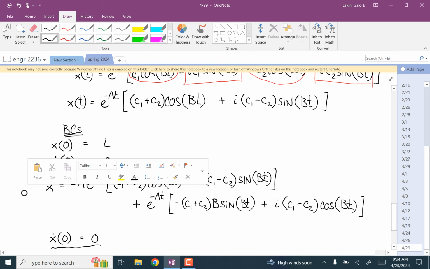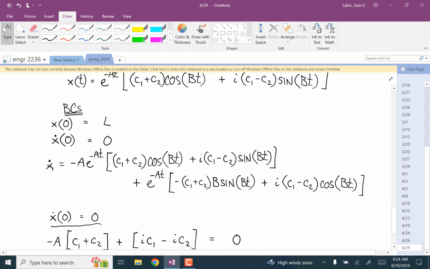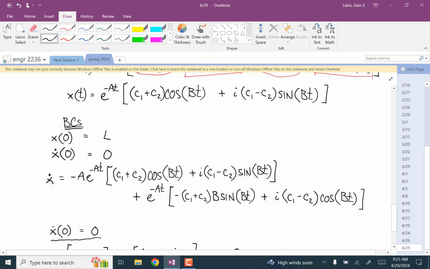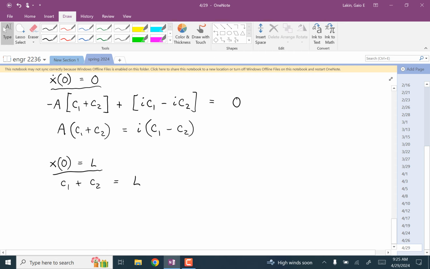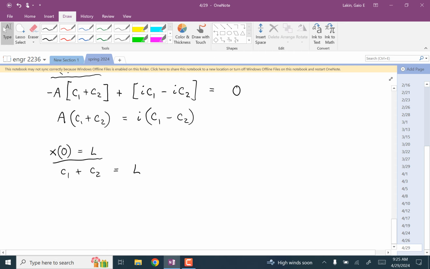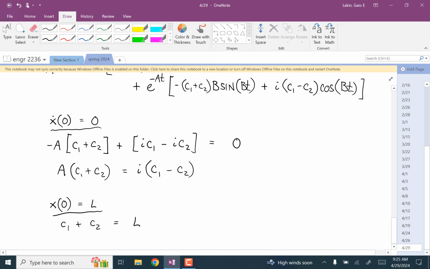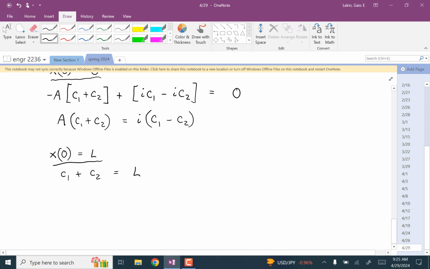Are you with me on that first term? And then time equals 0 makes the sine 0, so this one just goes away. So all we have left is that c1 plus c2 is equal to L.